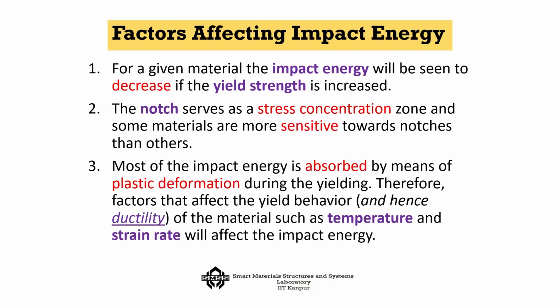Now, if you remember, in the last class we talked about a very important thing: when there is an impact, the energy will be absorbed by the system with which the impact is happening, and that can happen in the form of plastic deformation. Now, it is also possible that a part of the energy will be given back to the impacting system because of the elastic deformation.